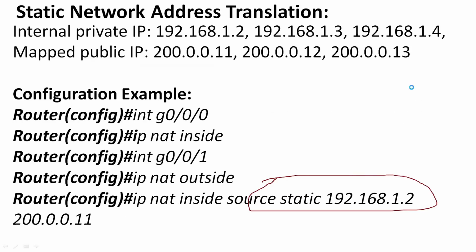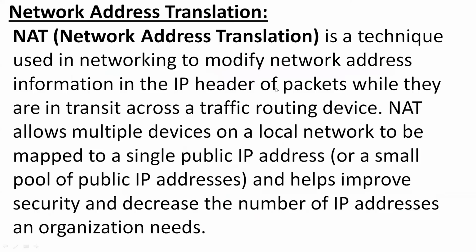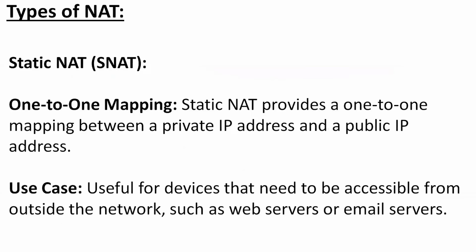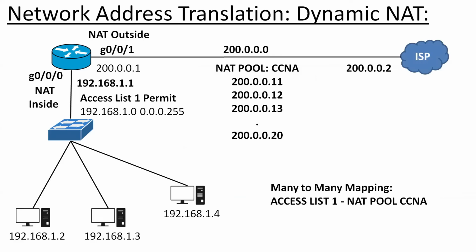Basically, you already know what network address translation is. In network address translation, the private IP will be converted to public IP, and the public IP will be converted to private IP. This translation will be done with the help of network address translation. We already discussed static NAT in our previous video. Now we are discussing dynamic NAT.